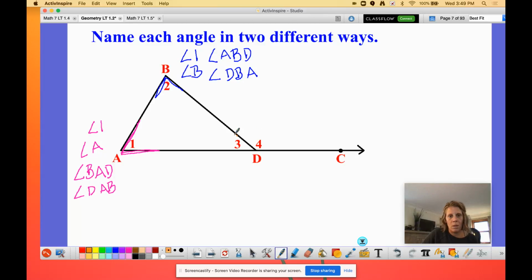Now, let's go to this angle right here, angle 3. We could call this angle BDA. We could call it angle ADB.